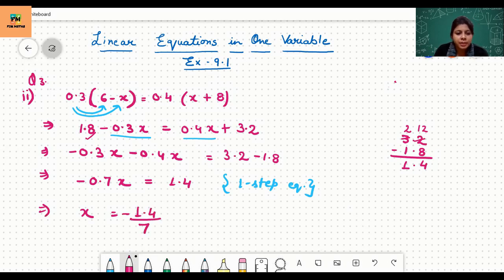So this whole integer minus 0.7 will come to the right hand side, and this whole integer is getting multiplied with the variable x, so on the other side it would be divided. Now you can simply see, because we have one decimal place in the numerator as well as in the denominator, we can simply remove them, and when we cancel it out, it is 2. So x is equal to what? Minus 2 is the answer.